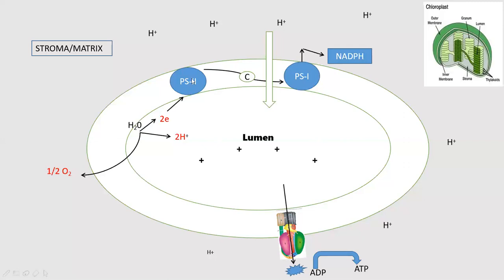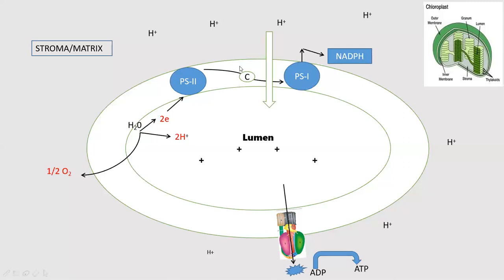Here, while the energized electrons from PS2 pass through the electron carriers near the cytochrome, as I told you, they lose energy.